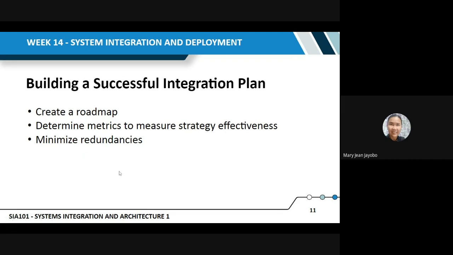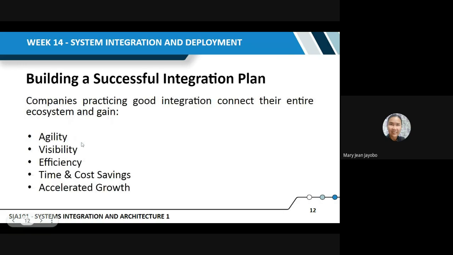So, these are the steps: roadmap, determine the metrics to measure the strategy effectiveness, and minimize the redundancy, in building a successful integration plan. So how are you going to do that? Companies practicing good integration connect their entire ecosystem and gain.